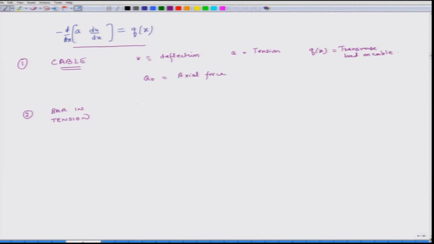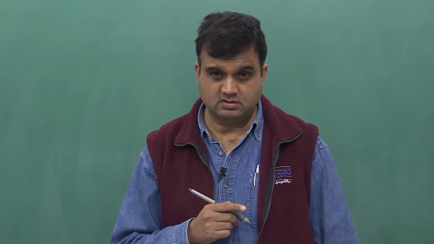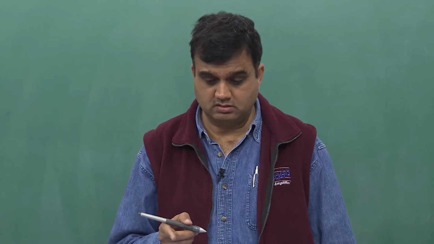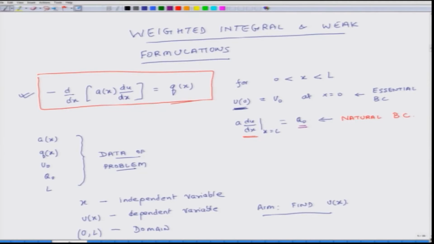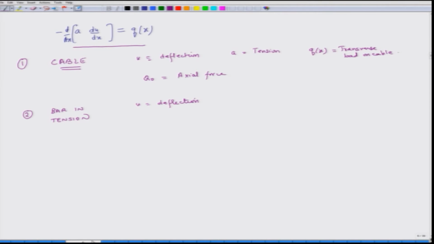Here u is my deflection, and A corresponds to a constant E, which is Young's modulus, times the cross section area of the bar.